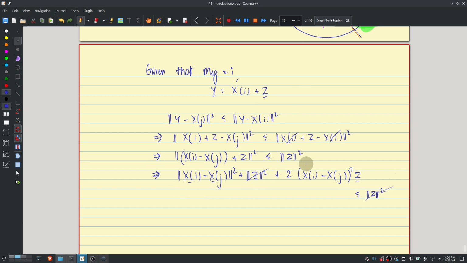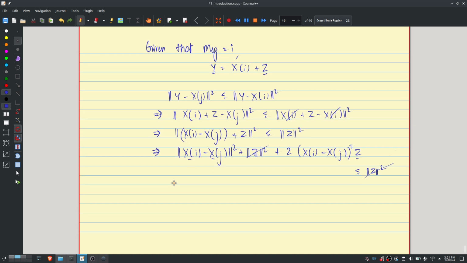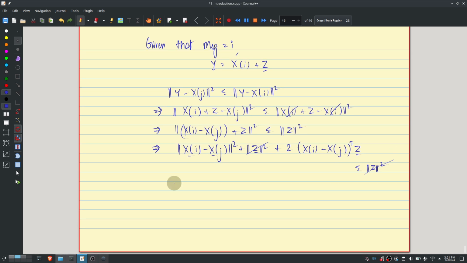All of this ultimately depends on just the noise vector z. If we are able to understand how the noise vector behaves in high dimensions, then we'll have a better handle on this particular probability of error. So in particular, for large enough n, where does z typically lie? That's what we'll try to analyze.